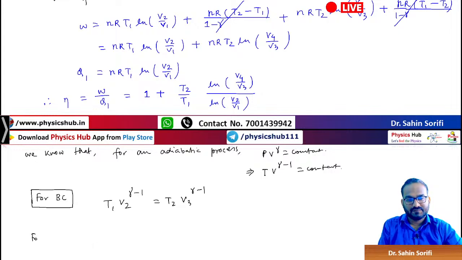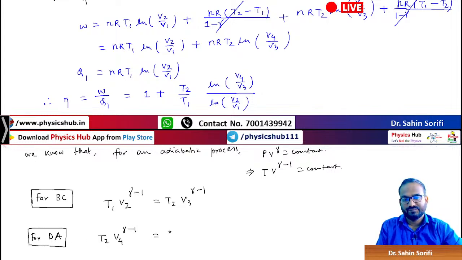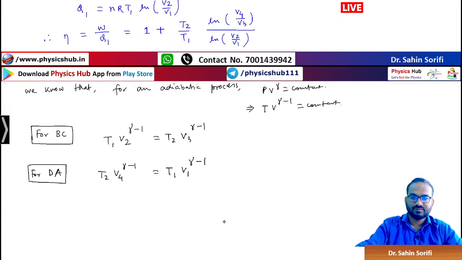And if you consider the other process, DA is another adiabatic process, where the temperature is T2. What is the volume at point D? It is V4 to the power gamma minus 1. At A, the temperature is T1, volume is V1 to the power gamma minus 1. I hope this is understood by everyone.